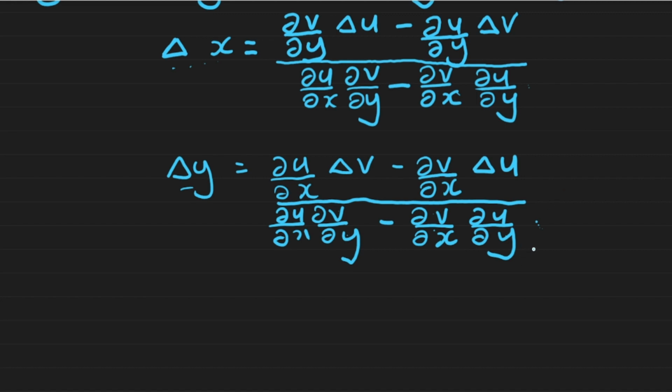This denominator is actually of a specific form. It's a determinant. If we were to write the determinant of the denominator, we have du/dx, dv/dy, dv/dx, and completing it is du/dy.